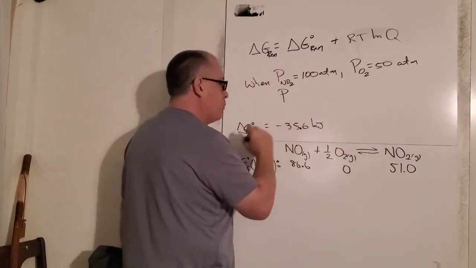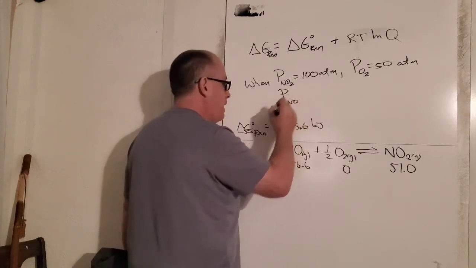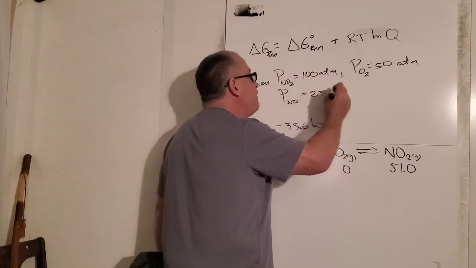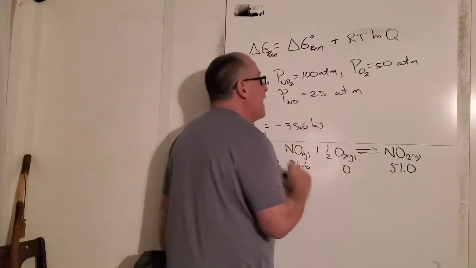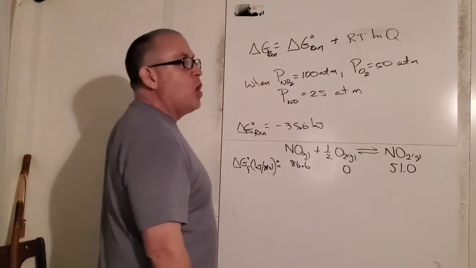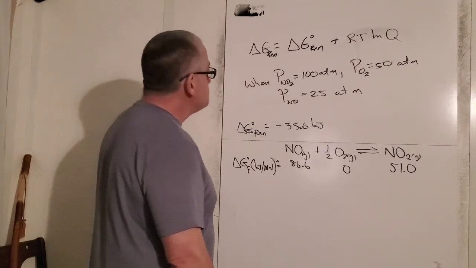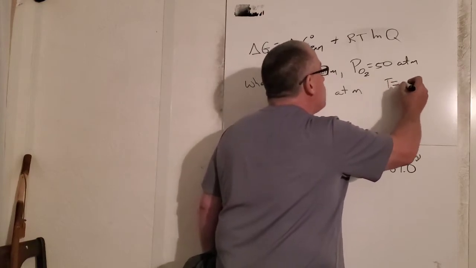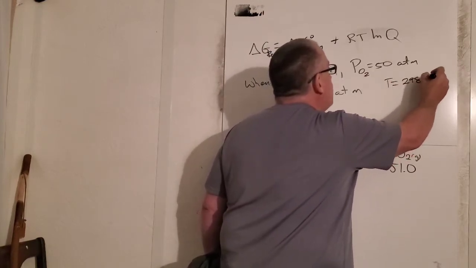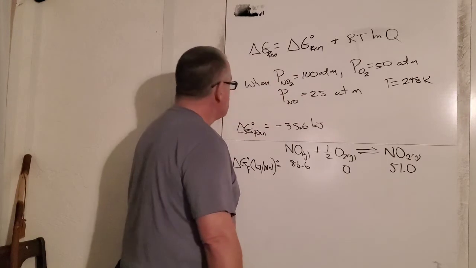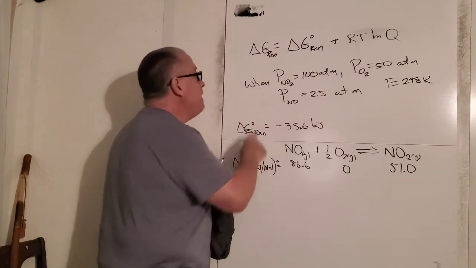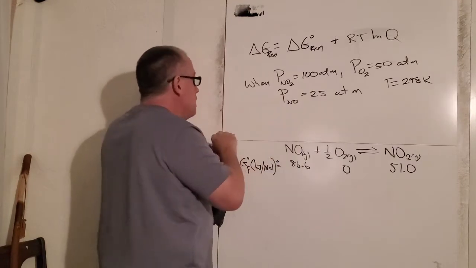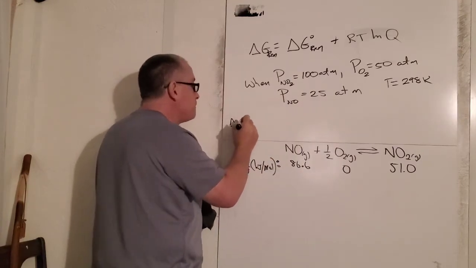And the partial pressure of the NO is, let's say, 25 atmospheres. Those are clearly non-standard conditions, right? And let's say this is at temperature equals, let's say, 298 Kelvin.